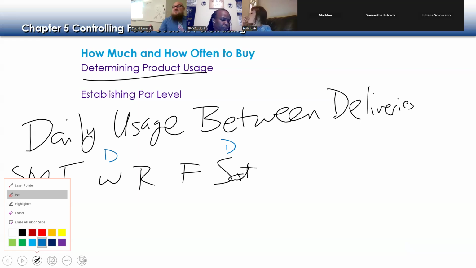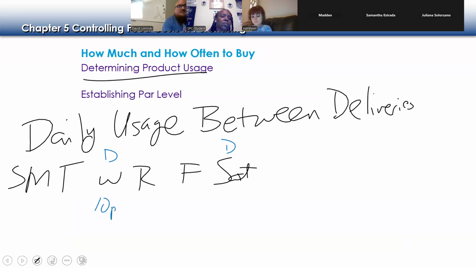Enchiladas. Okay, cool. So what do we need for enchiladas? Tortillas, right? Okay. So let's say we go through 10 packages of tortillas on Wednesday, Thursday, Friday.